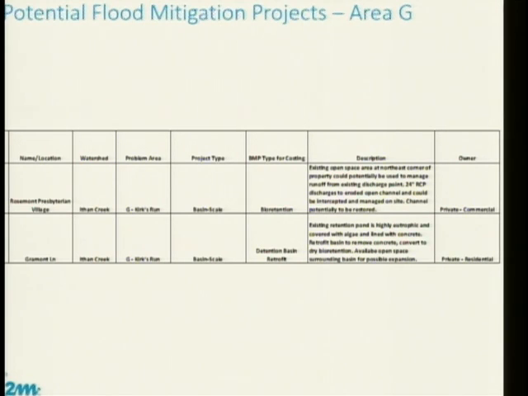Now, from a flood reduction standpoint, we have to be careful, and at a conceptual level, we can be a little bit more liberal with our assumptions, but we want to be careful that we're not trying to store too much water in one of these basins. That can cause a failure of one of these basins. The question is then who maintains it.